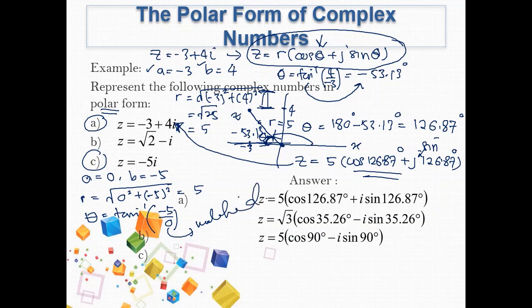So let us look at the location of z. It is 0 and negative 5. Where is negative 5? Negative 5 is here. I change the color.